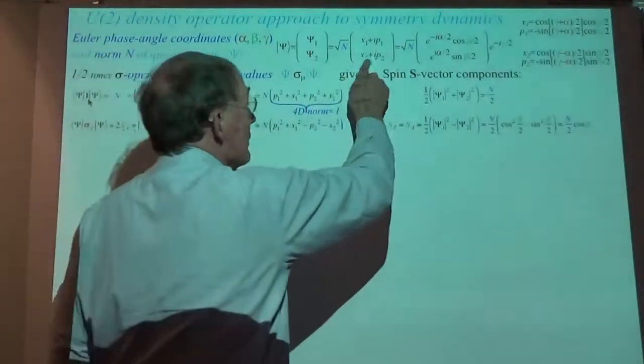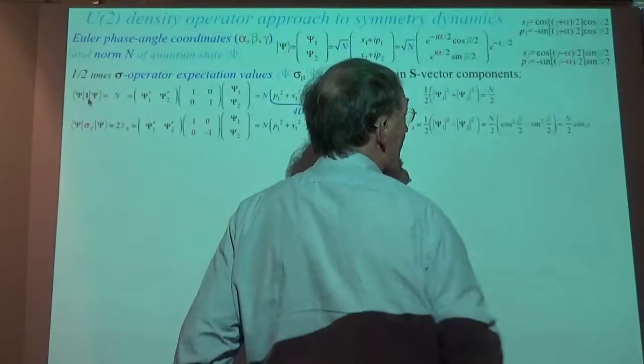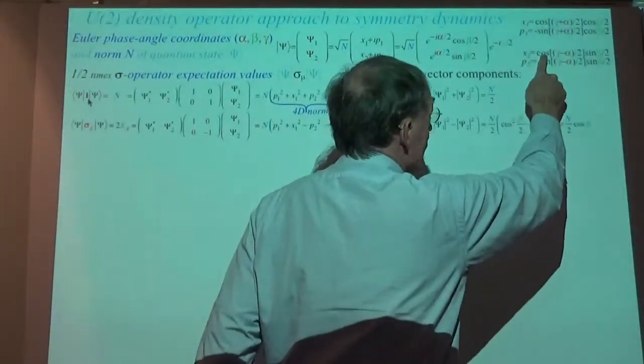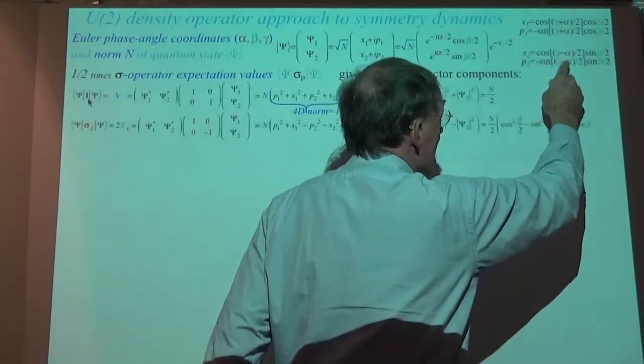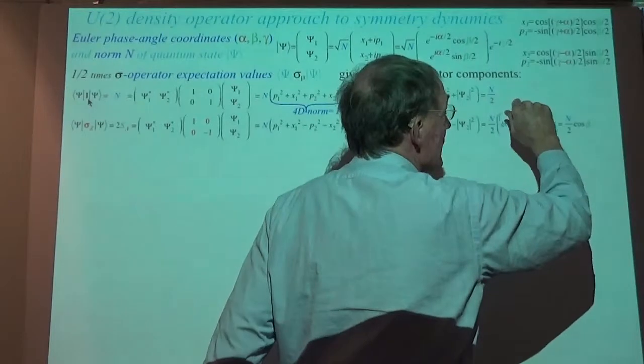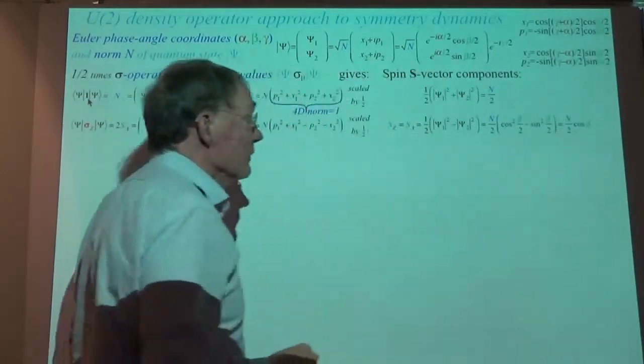And then the second component here has a coordinate and momentum, x2 and p2, that is related again to a cosine and a sine, but this time the difference between gamma and alpha, and this time a sine of beta over 2.